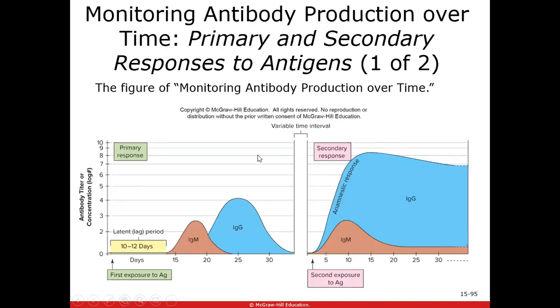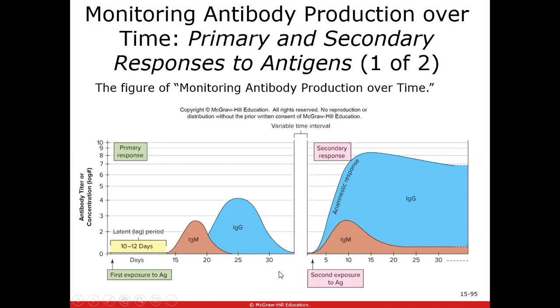And this is monitoring. If you've never been exposed before, IgM is first on the scene. If you are exposed to an antigen, IgM is first on the scene, then you have IgG. And this is the secondary response.